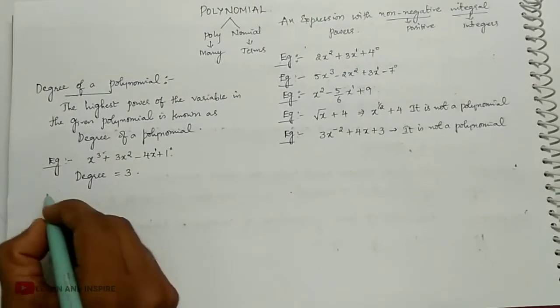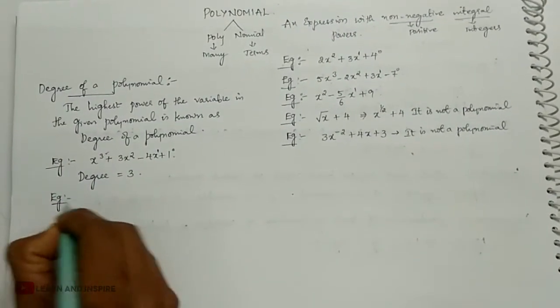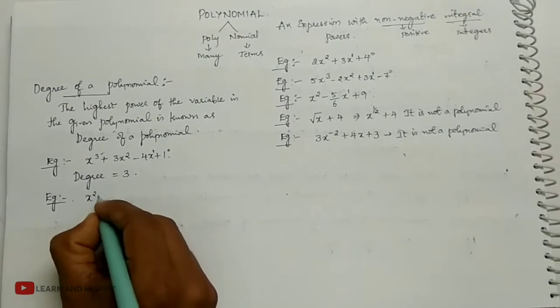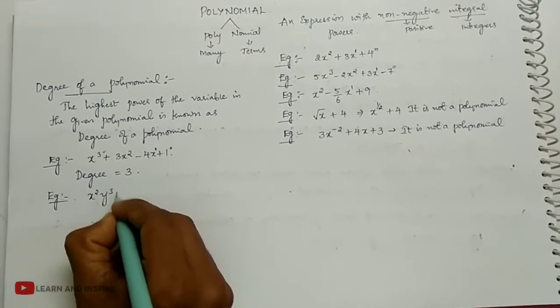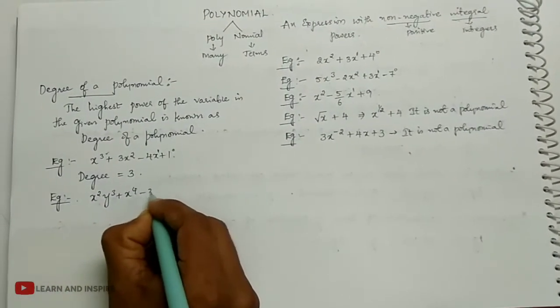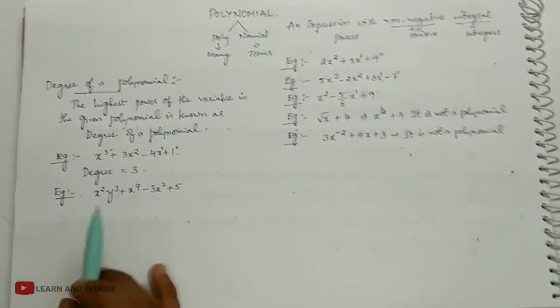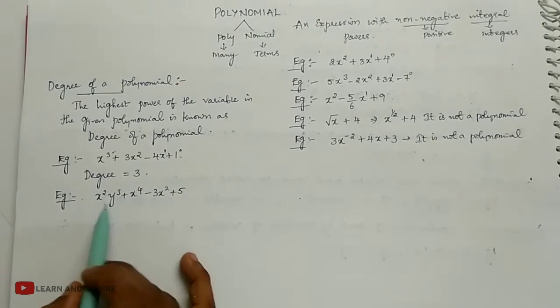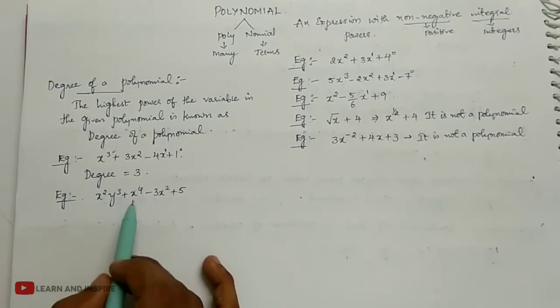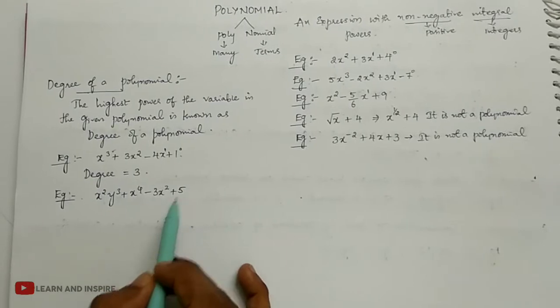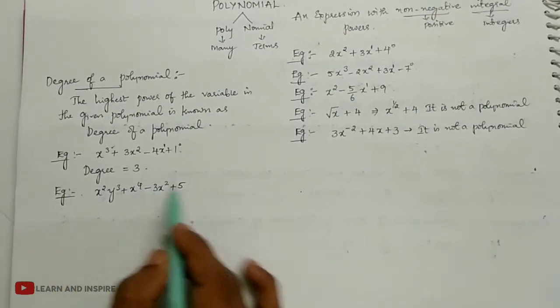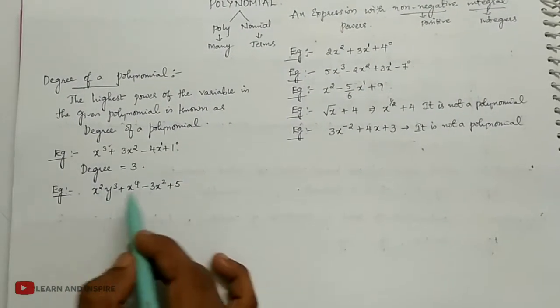Okay. So we'll see another example: x square y cube plus x power 4 minus 3x square plus 5. Now you can see here we have 4 terms. So what is the highest degree of all the variables?